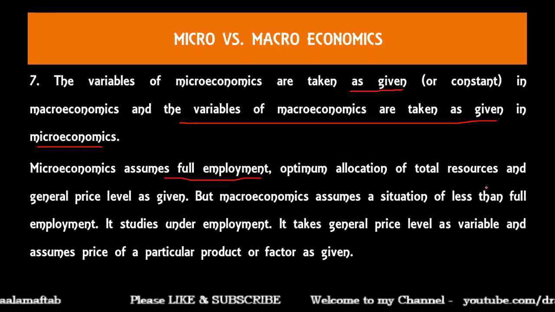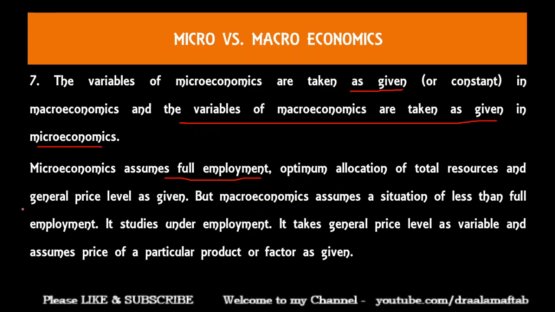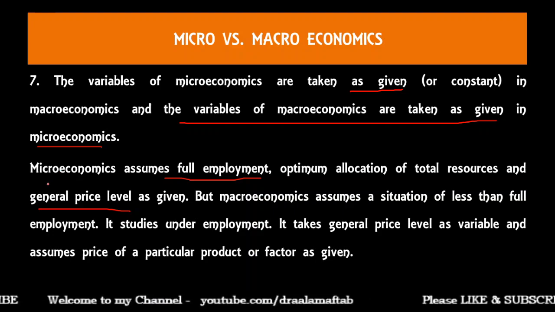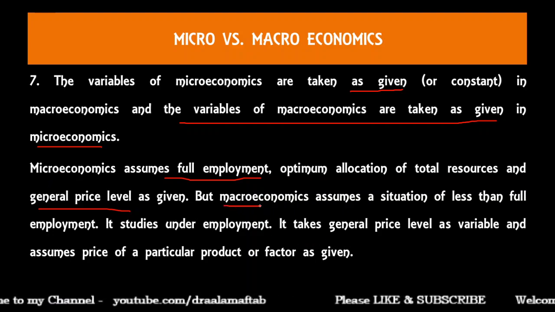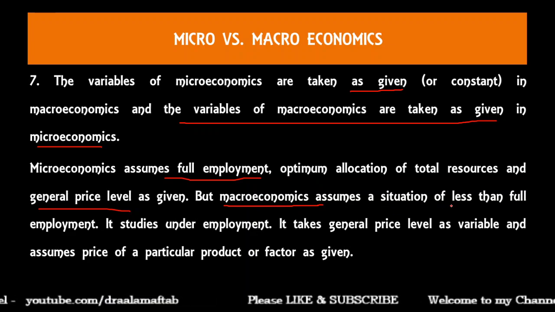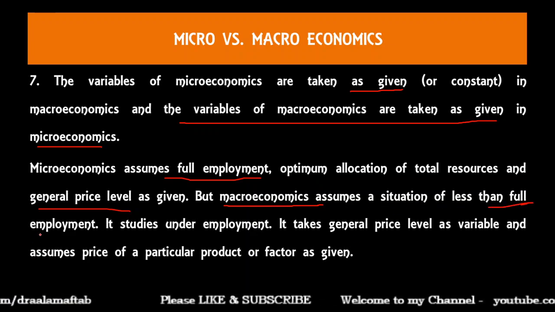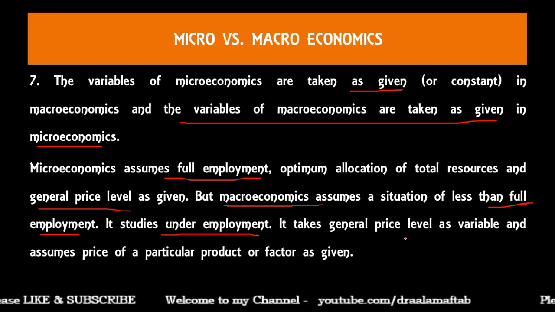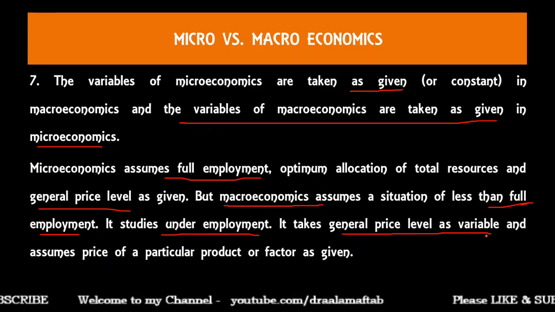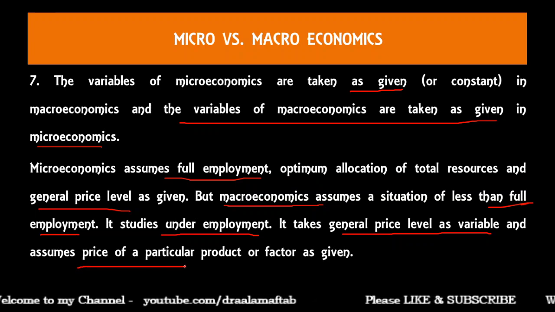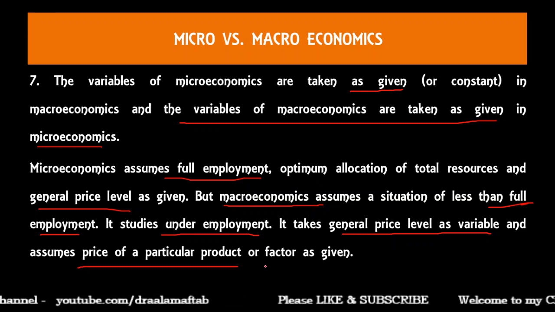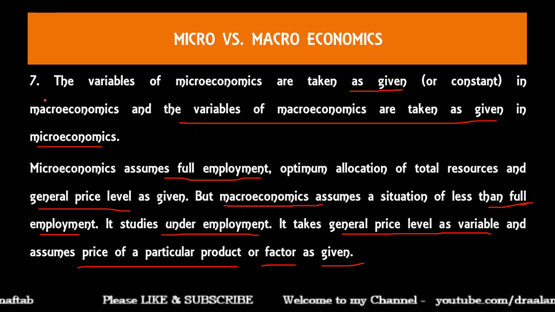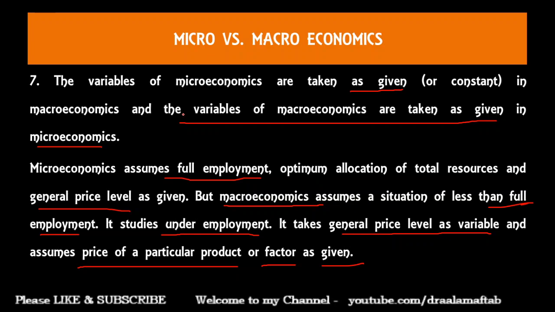Optimum allocation of total resources and general price levels are given while we study microeconomics. Whereas when we study macroeconomics, we assume a situation less than full employment and it studies underemployment. It takes general price level as variable and assumes price of particular product or factor as given. So that is the meaning of this seventh difference between micro and macro.